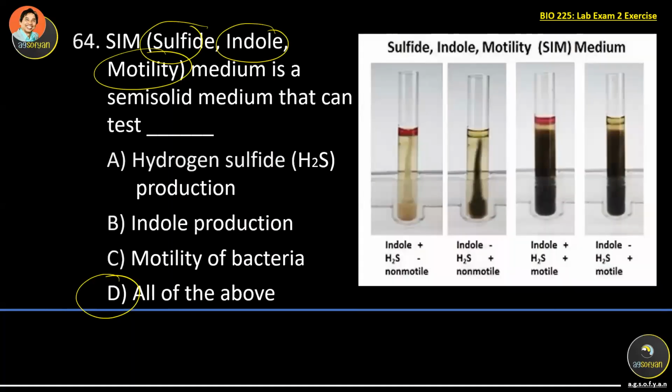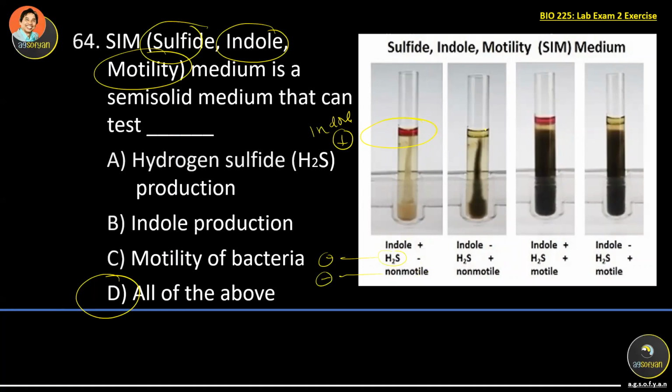So this is the result of the test. If indole is produced, then you see this ring on the top. That's indole positive. And then there is nothing here, so it's negative. And you don't see anything cloudy, so it is non-motile.